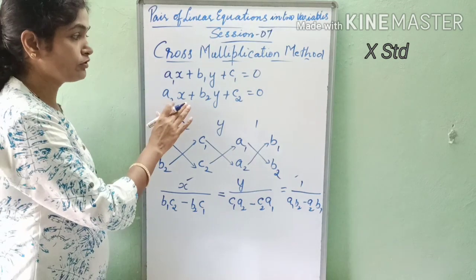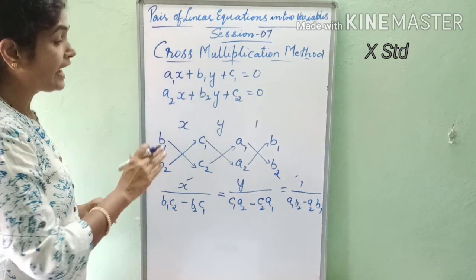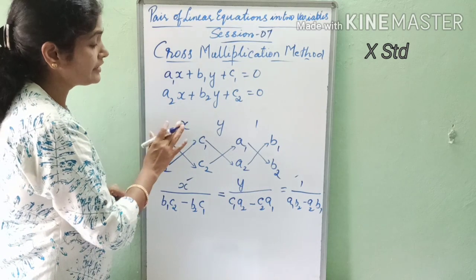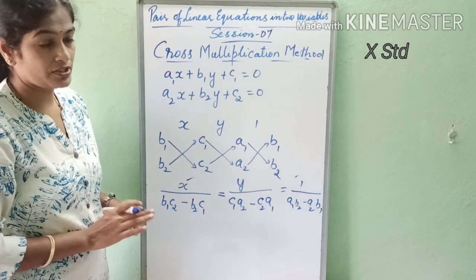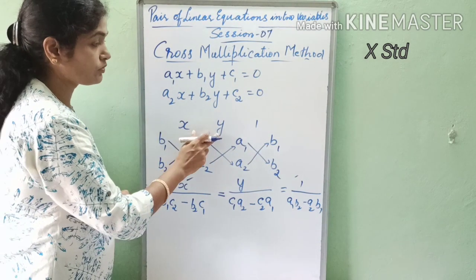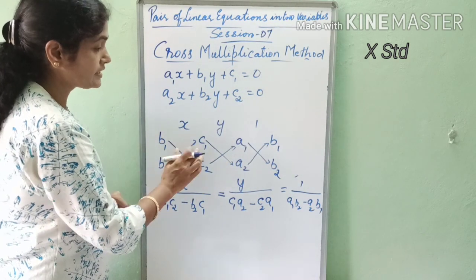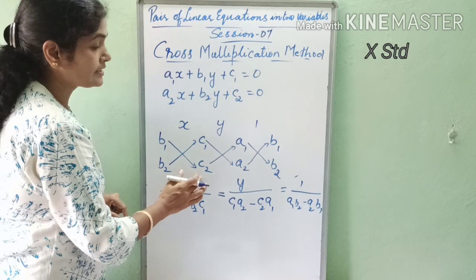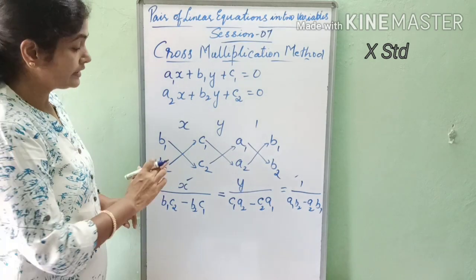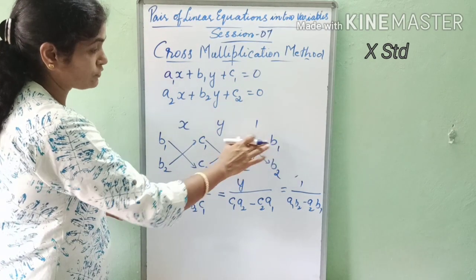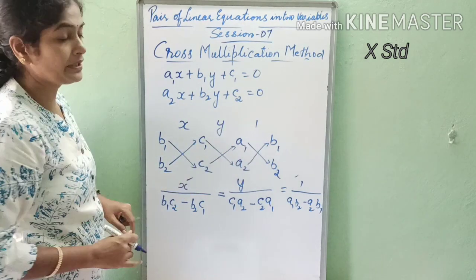If not, you have to write them in the standard form. And after that, you have to write the coefficients of x, y and constant in this way, where x, y and 1 are written, b1, c1, a1, b1, that is b, c, a, b, then again b, c, a, b. Right? Then their numbers, first row will be all 1, the second one will be 2.